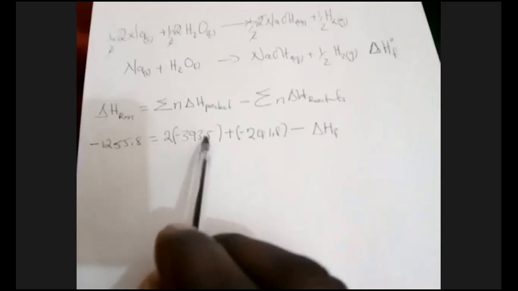So 2 multiplied by minus 393.5 plus minus 241.8. What are we getting?